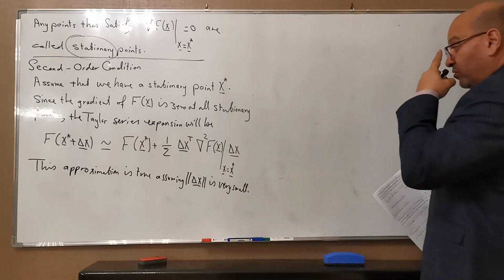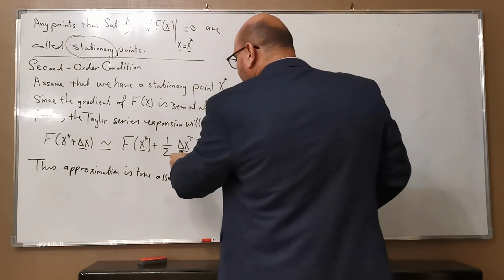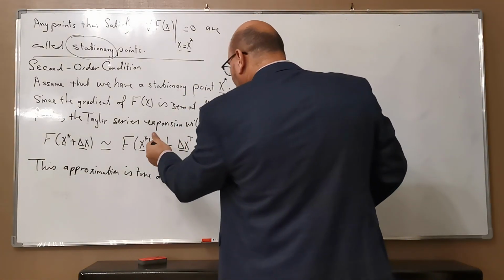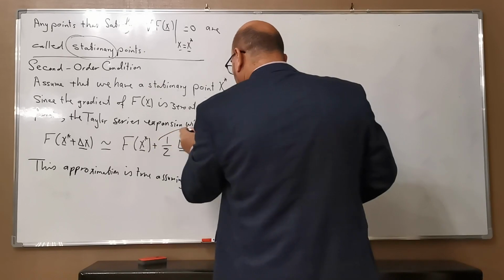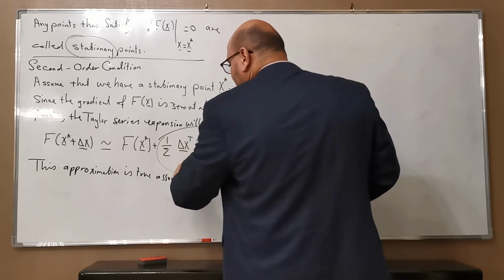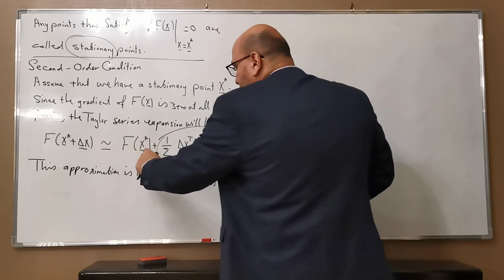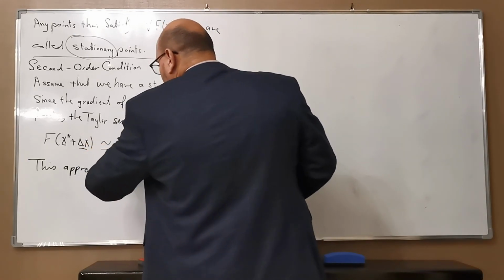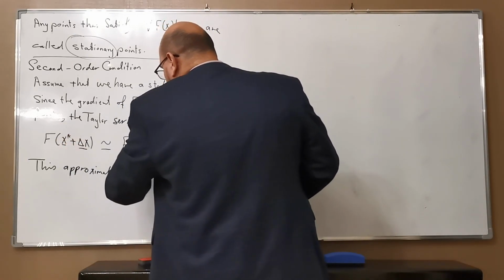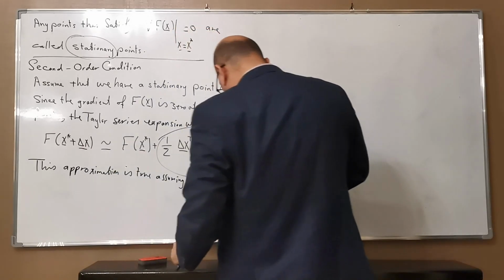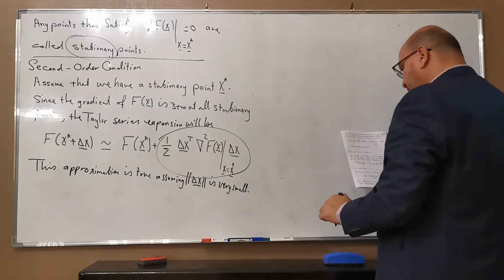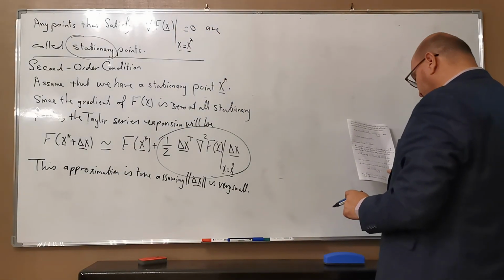So, for a strong minimum, we have to have that this term is greater than 0. If this term is greater than 0, then any value of x different than x star will be greater than f of x star.